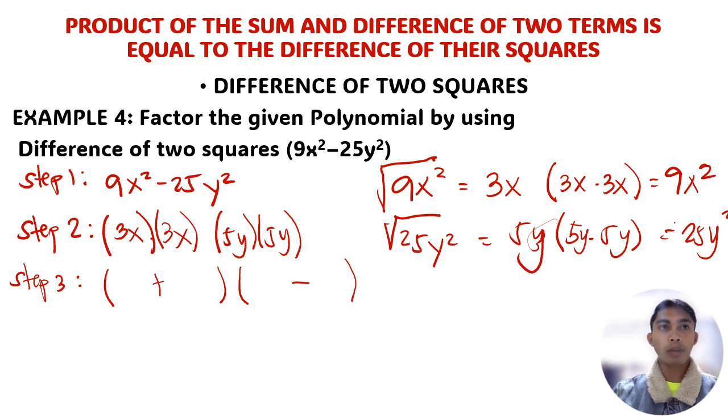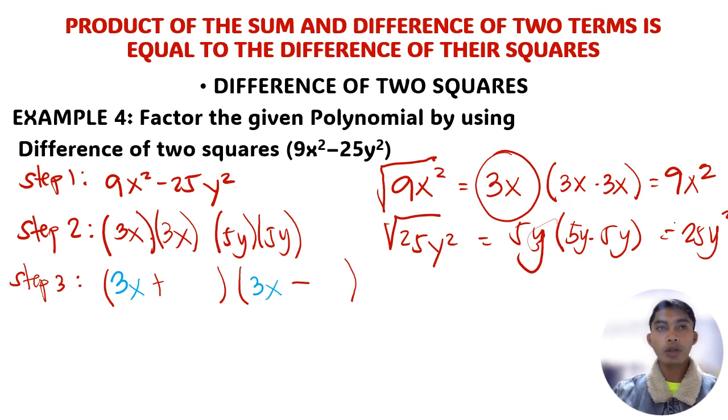So therefore, copy the first term. Our first answer, the square roots of the first term, is 3x and then 3x.